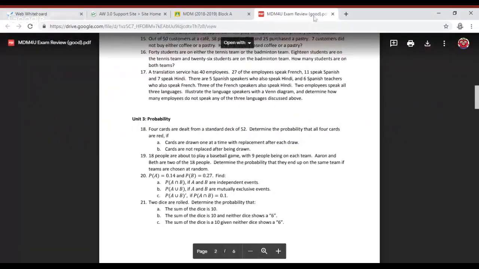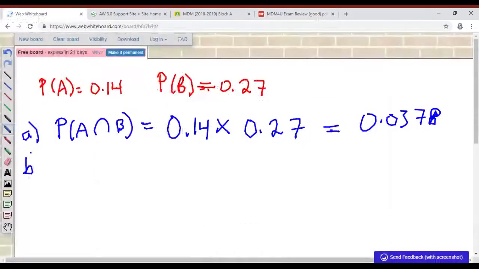Then part B of the question, we're now talking about mutually exclusive events. And so we want the probability of A union B. The issue here is that the definition of mutually exclusive is that they cannot possibly both happen.